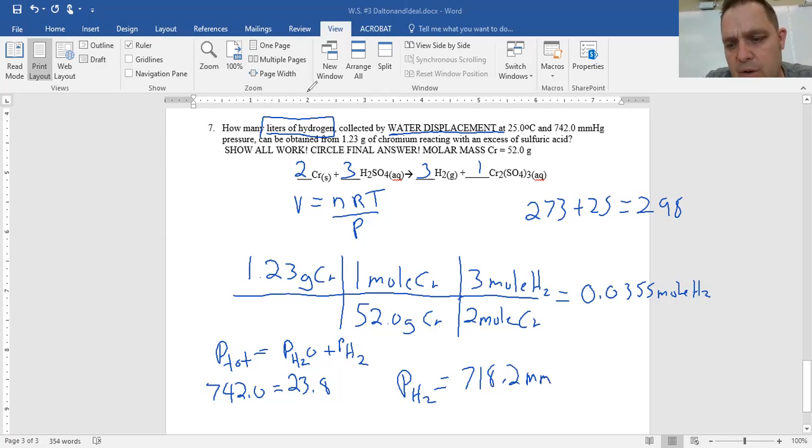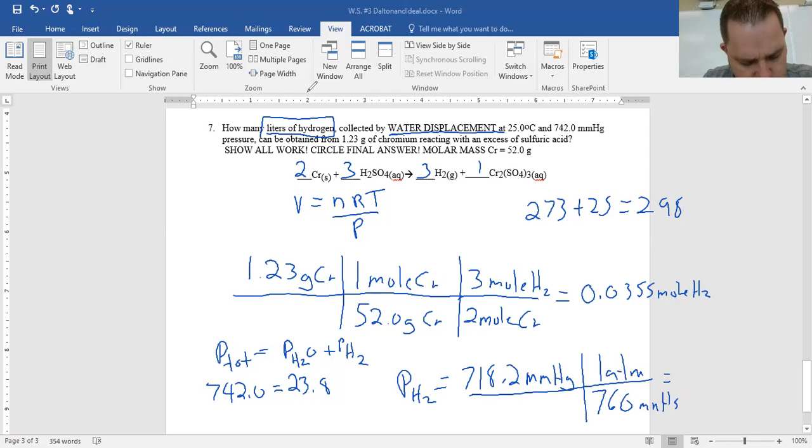And again, we want to make sure of our units. This is millimeters of mercury. We don't want that, so let's change it right here to 760 millimeters of mercury equals 1 ATM. And when I do that, I get 0.945. So as you can see, a lot of this is knowing what unit you're in and doing a lot of those conversions. All right, now I'm going to plug all my numbers in over here to the left.